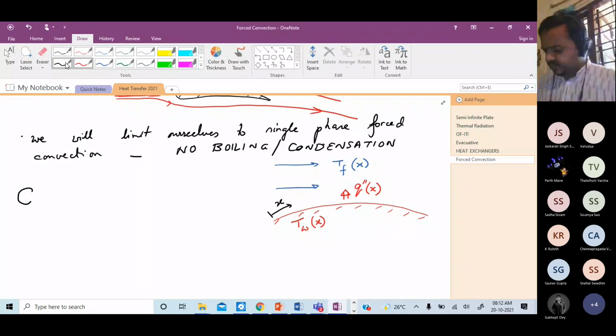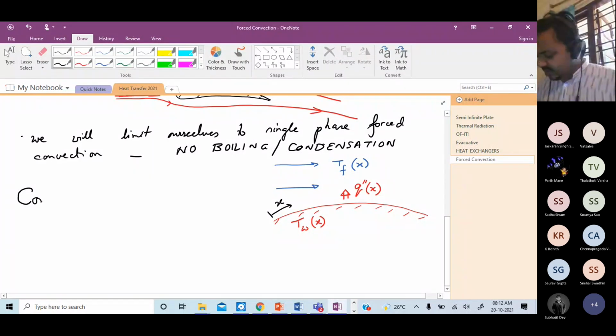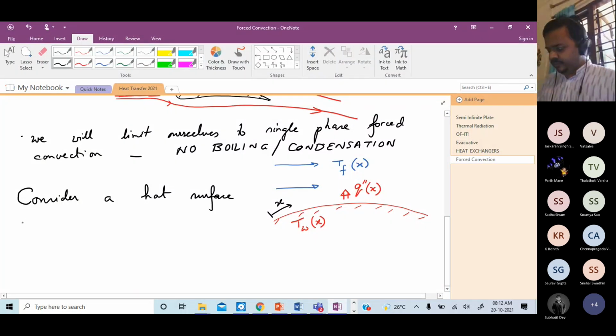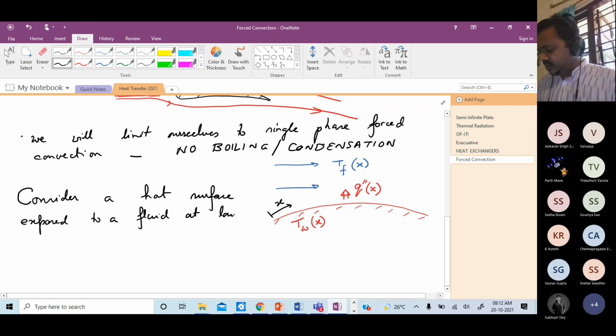Okay, so let us write this down. Consider a hot surface exposed to a fluid at lower temperature.